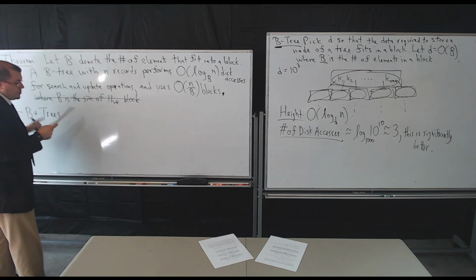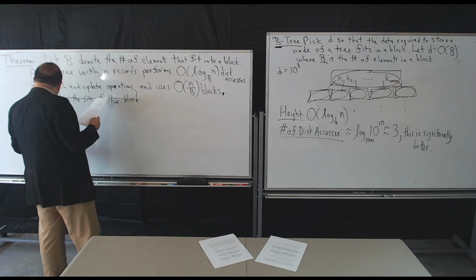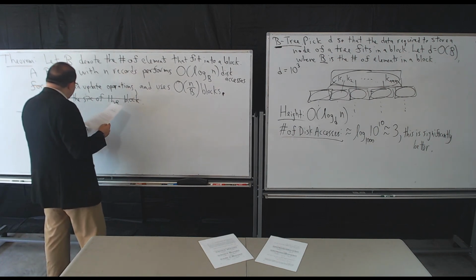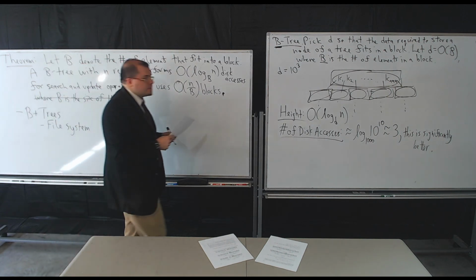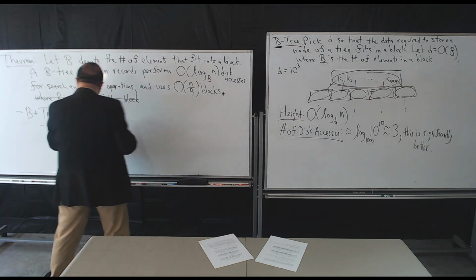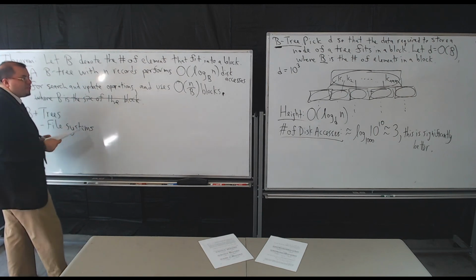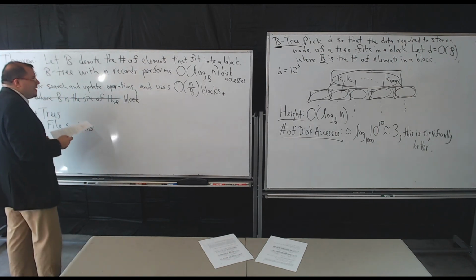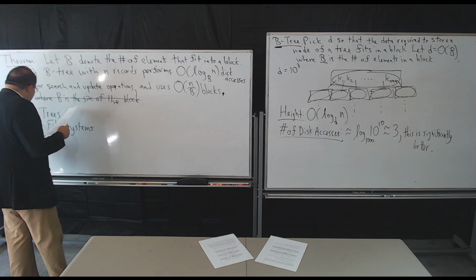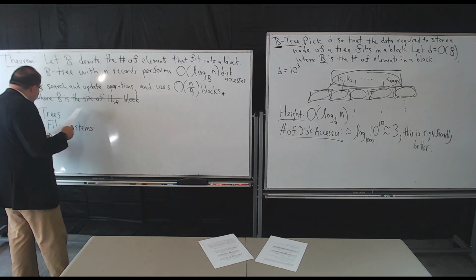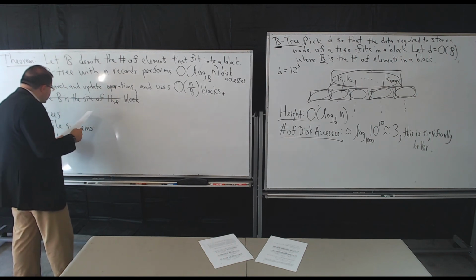B plus trees are pretty standard and commonly appear in things like file systems, often used for indexing. Not every file system uses this, but there are a lot of them that do. And likewise, you can also think of database management systems.